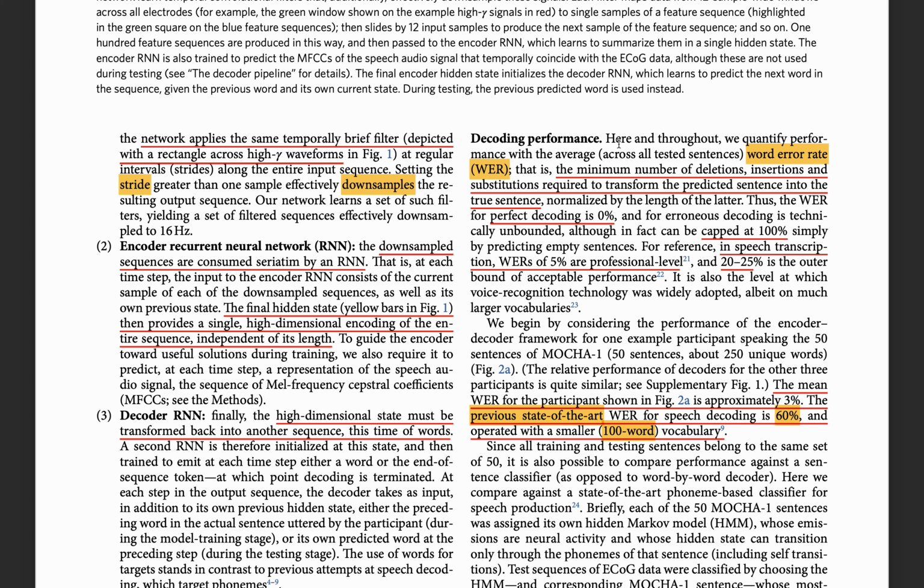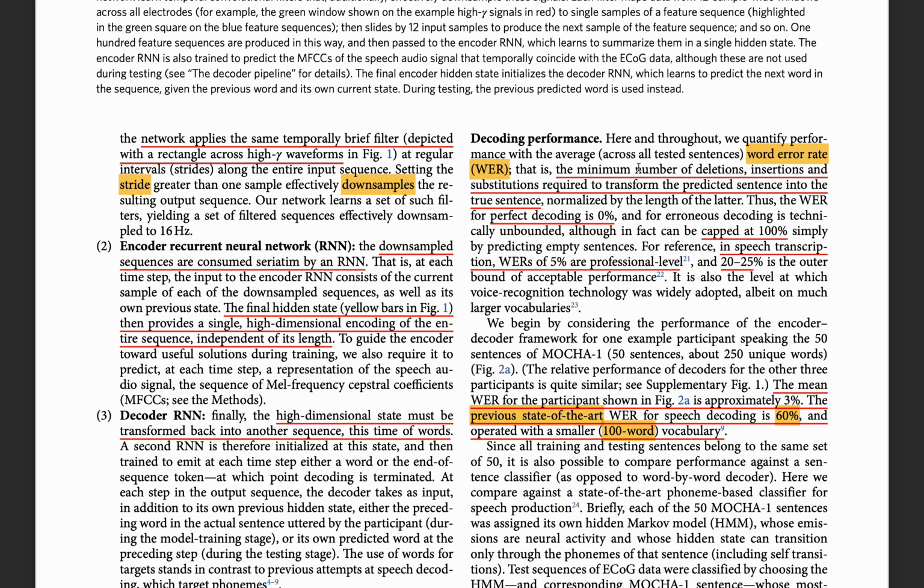In terms of performance, word error rate is a standard metric which they are using. If we want to understand what that means, it is the minimum number of deletions, insertions, or substitutions which are required to transform the predicted sentence into the actual sentence.